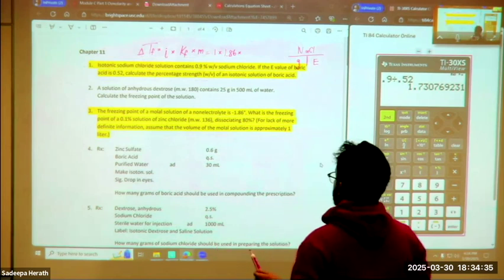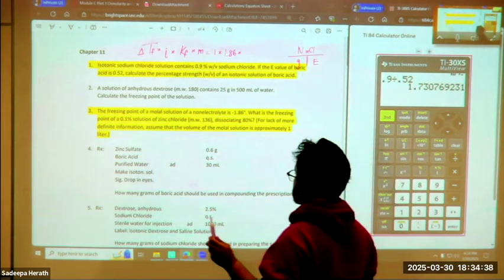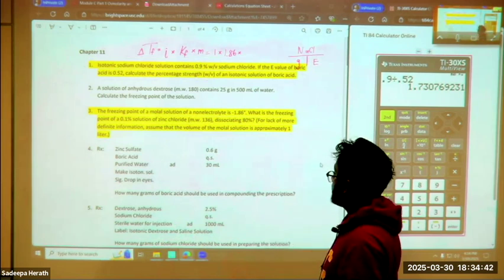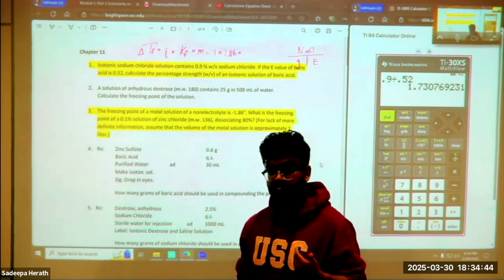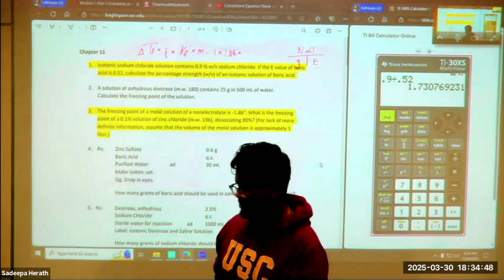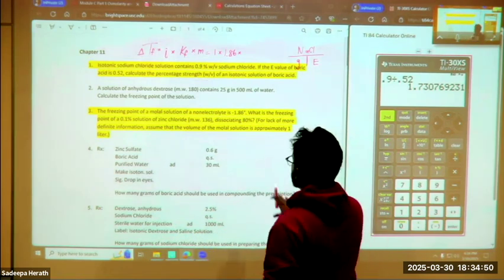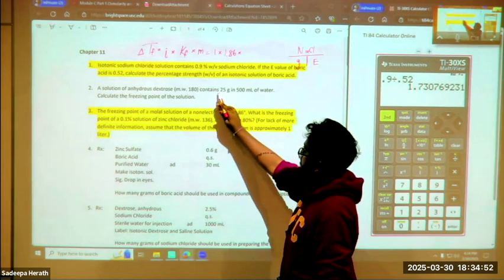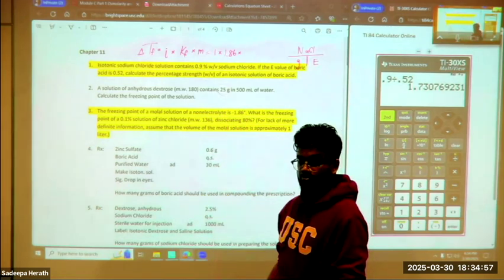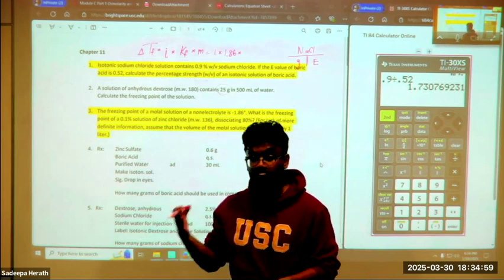And then molality. Remember, molality is moles per kilogram. So we need to find moles, and then the kilograms of solvent. We have grams of dextrose, and we have our molecular weight, 180 grams per mole.